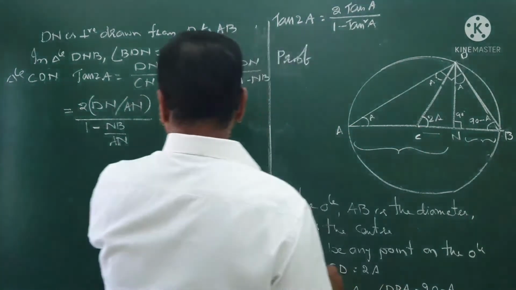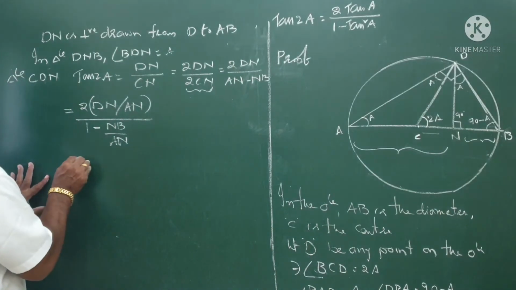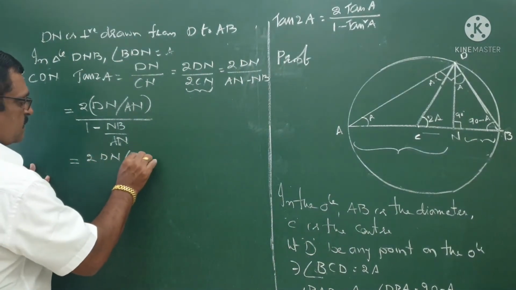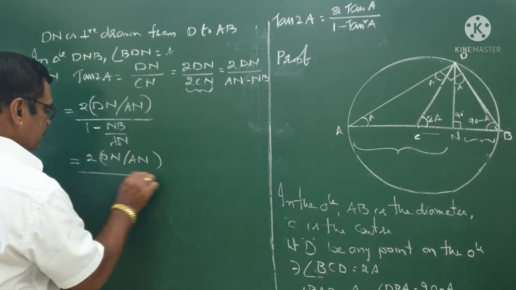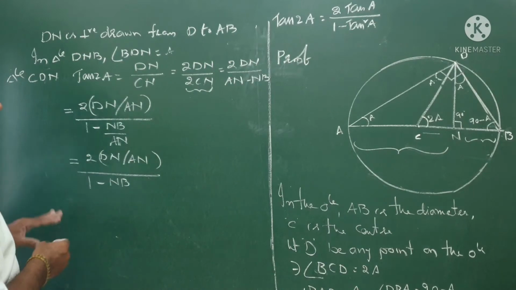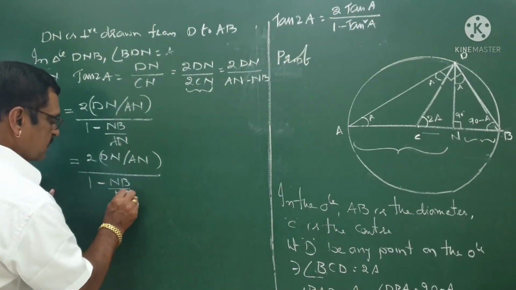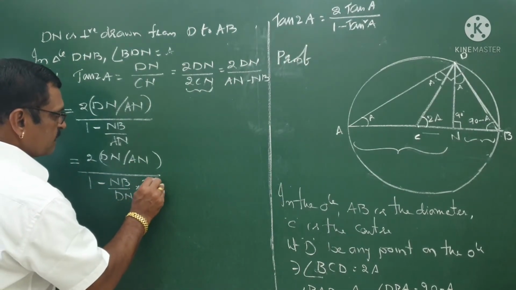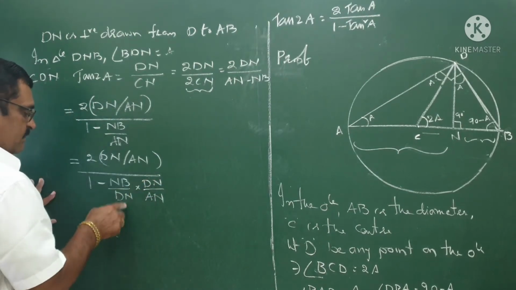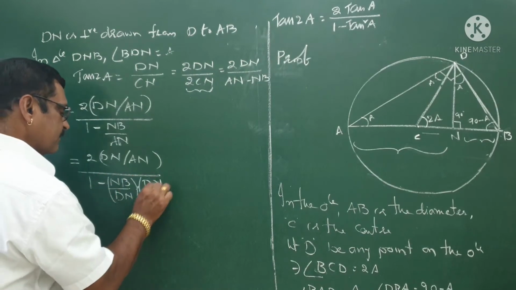So what I do here, I don't touch the numerator, DN by AN, but as this, by 1 minus NB by DN, and here also I have DN by AN. So I multiply divided by DN.